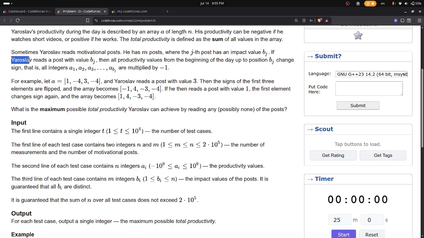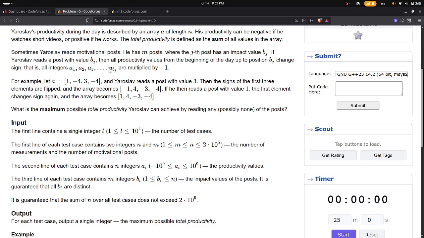If Yaroslav reads a post with value bj, then all productivity values from the beginning of the day up to position bj change sign, that is, all integers a1 to abj are multiplied by -1.